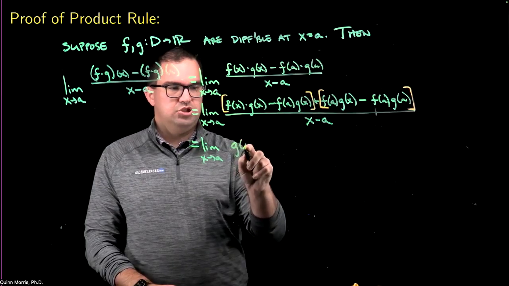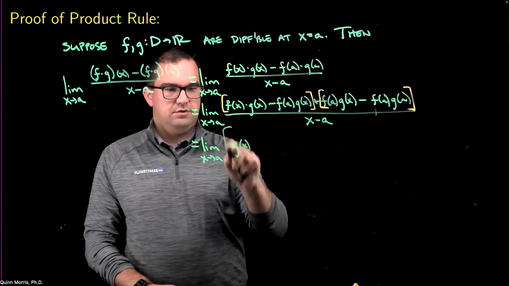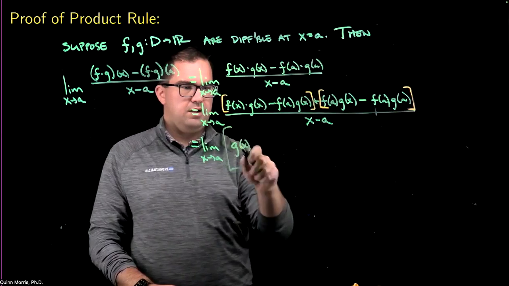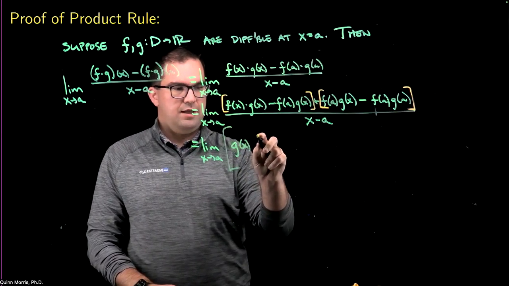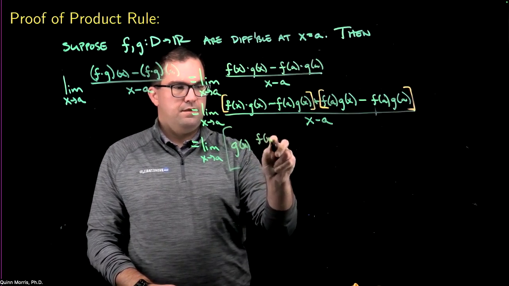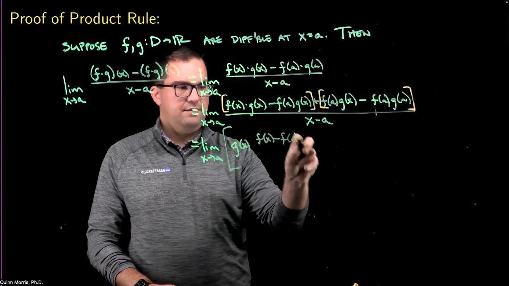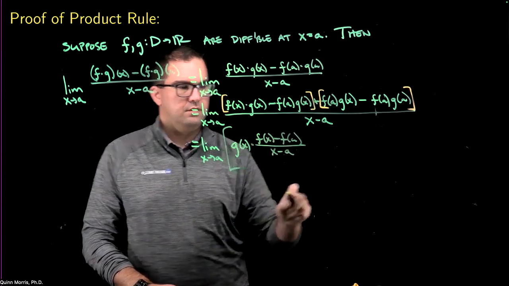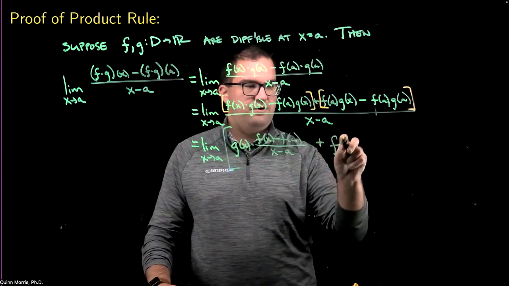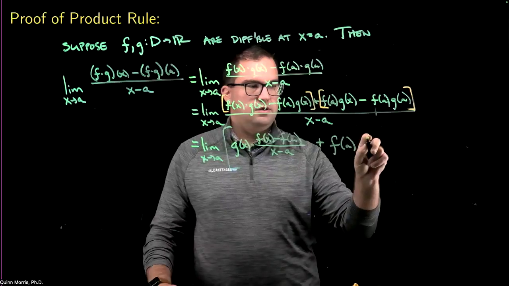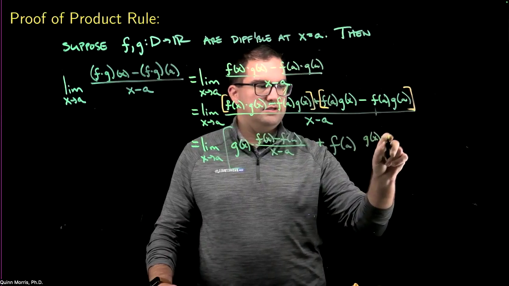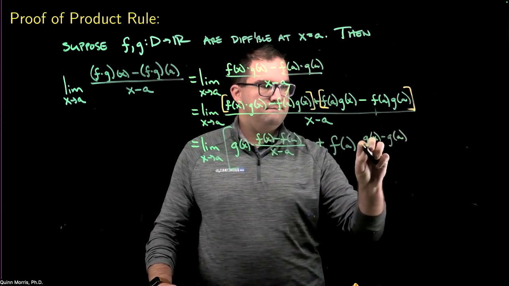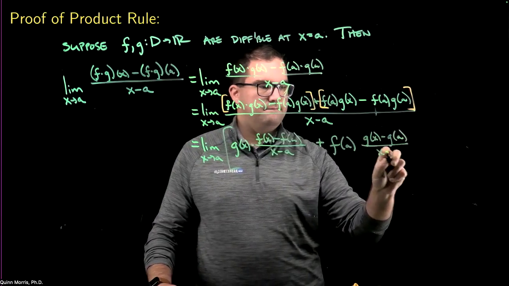I could rewrite this whole expression as g of x times (f of x minus f of a) over (x minus a), plus f of a times (g of x minus g of a) over (x minus a).